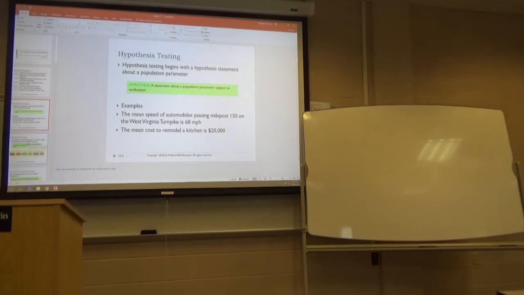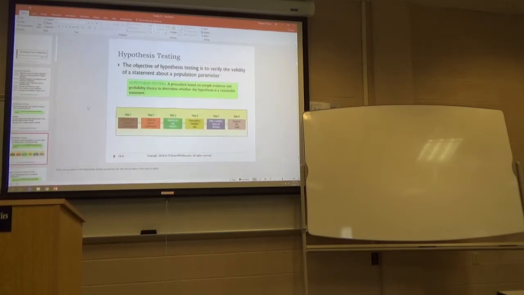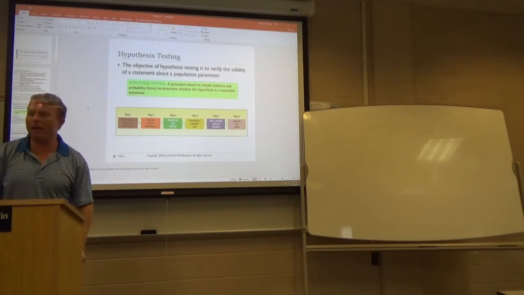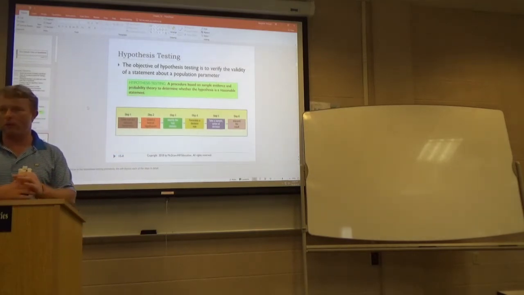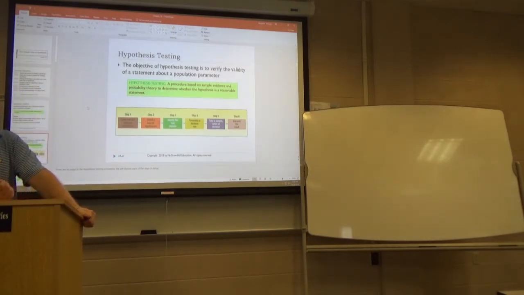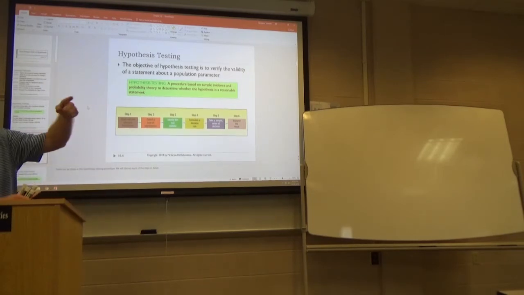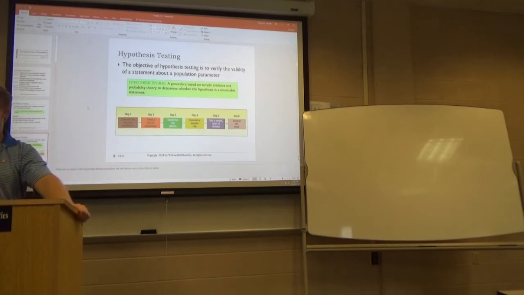Here's another nice thing about this chapter. In addition to already knowing how to do all the math, there's a process for this. There is a step-by-step procedure to walk through. There's no guessing, there's no ambiguity. It's the same process every time, so you can ask yourself a series of questions and work through every single one of these problems.